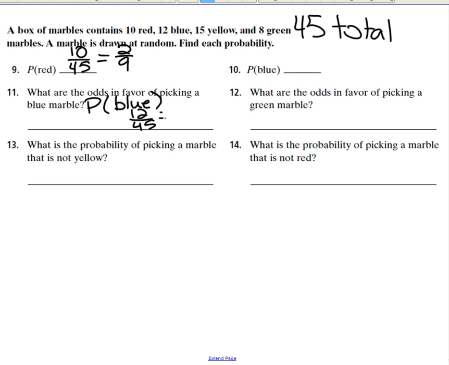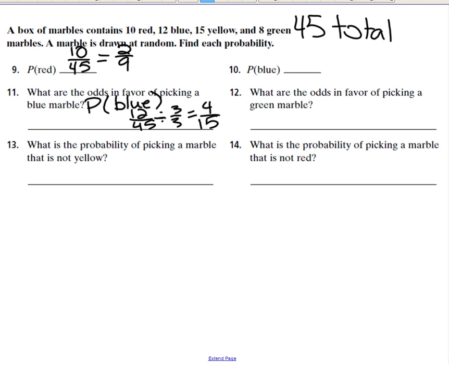We could divide that by 3, and that gives us 4 15ths. So for number 10, it's 4 15ths. Don't tell anyone that, because a lot of people don't recognize it.